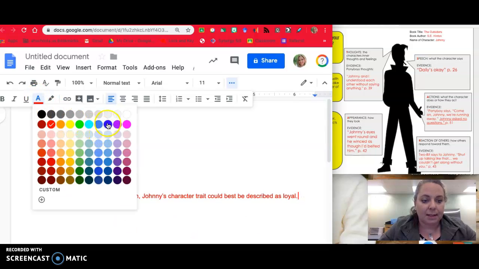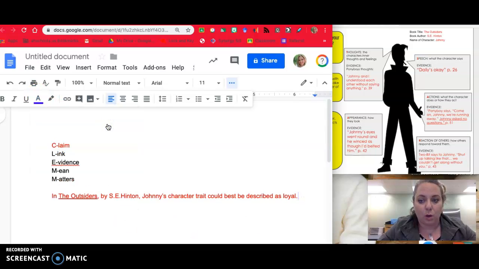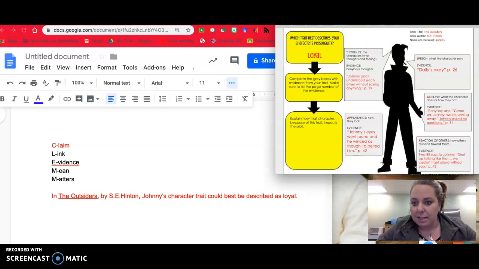I'm going to put the links and the evidence in blue. So when I look at my star chart over here, I have a lot of evidence. I don't need to use it all. I have to decide which evidence I want to use first, and that's important.